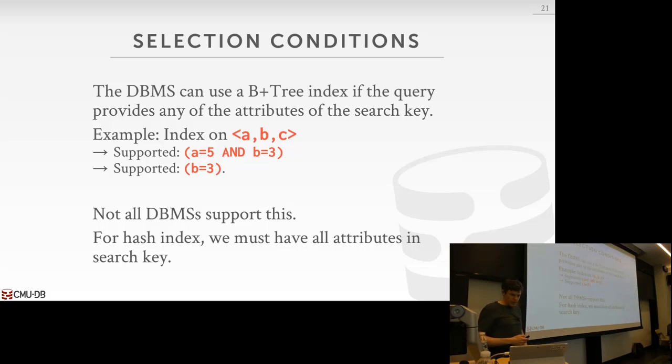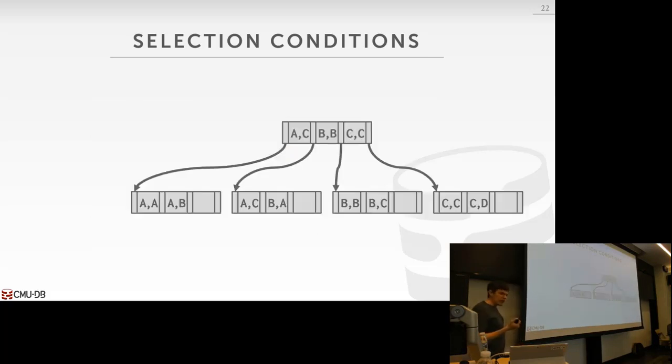So let's look at a more concrete example. Let's say we have an index that is defined on two columns, or two attributes. This would be called a composite key. So instead of being on one column, it's actually two columns combined. And the order in which we define our index will determine what kind of queries we can do on them.